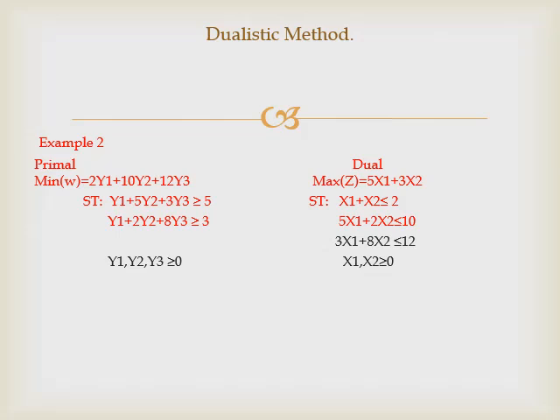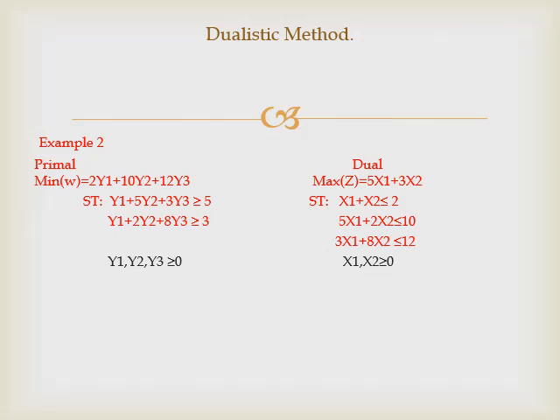The second constraint, 5x1 plus 2x2 less than or equal 10. What is 10? 10 is the coefficient of y2. Then 3x1 plus 8x2 less or equal 12. What is 12? 12 is the coefficient of the variable y3.